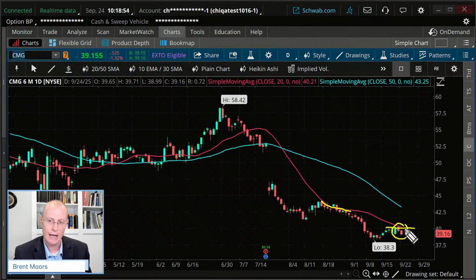If I think I'm going to be in this trade for a month, I want to buy more than a month of time. If I think I'm going to be in this for just maybe a couple weeks, then I don't need to buy that much time. In this case, I'm looking for kind of just a shorter term move, just a few days perhaps on this CMG trade.